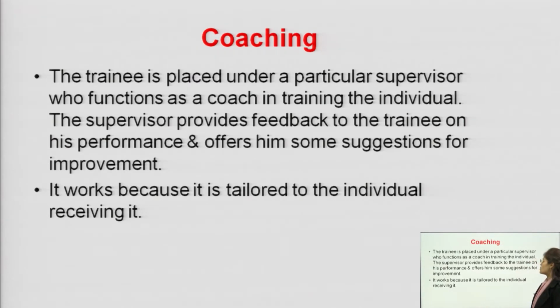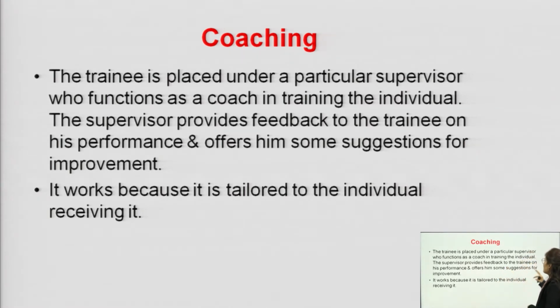The next method is coaching. Coaching is a kind of one-to-one training where the trainer tells all the nitty-gritty things to the trainee, to make the person learn how to perform the job at his actual workplace. The trainee is placed under a particular supervisor who functions as a coach.